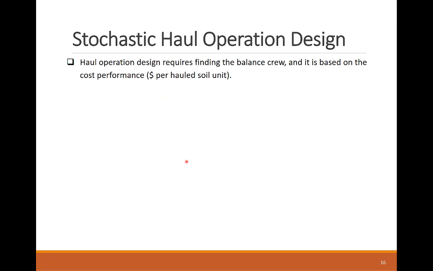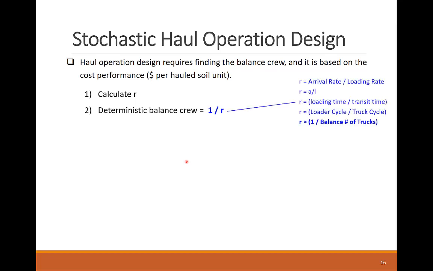Here's the process to design a whole crew based on stochastic settings. First, calculate R for the hauling operation. Second, calculate roughly the crew balance point as the inverse of factor R. This derivation here shows why the balance point equals the inverse of R. Next, we account for time variability by considering the crews around the balance point with 2 trucks more or less.